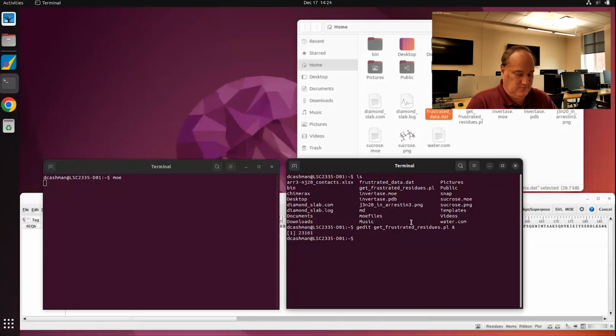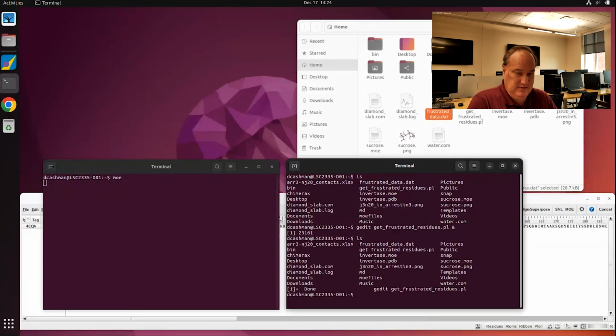To run this, I just run it at the command line: ./get_frustrated_residues, and where's my frustrated data? frustrated_residues.txt. So I've got 2 arguments here.